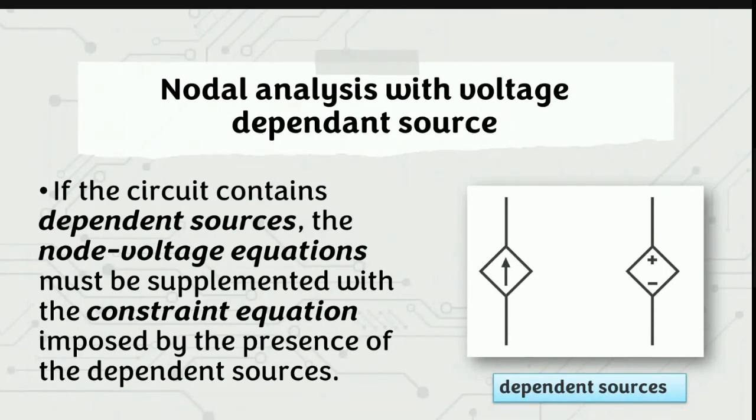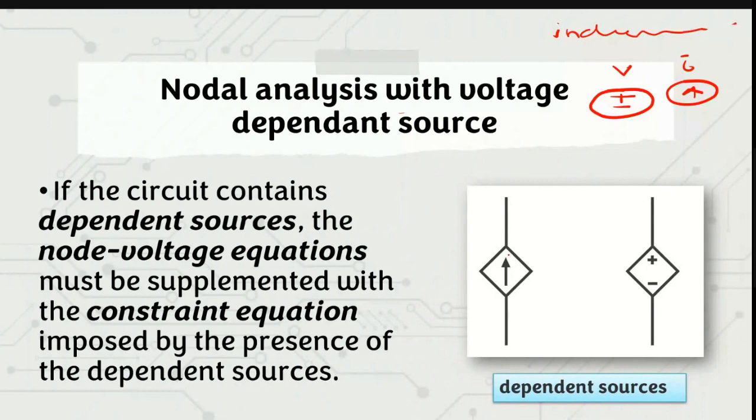I want to go with the dependent source. Just now we had the independent source, right? If you see this source with the circle, the positive and negative is for voltage and this one is for current. This one we call the independent source.